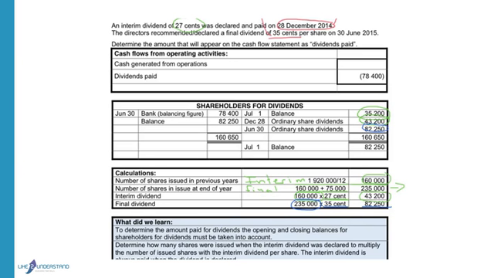And I will credit my shareholders account with the 82,250. Now this closing balance, because the dividends was only declared at the end of the year and was not paid, it means that the closing balance in the shareholders will be equal to that final dividend that was declared. So sometimes they don't tell you what is the final dividend declared.